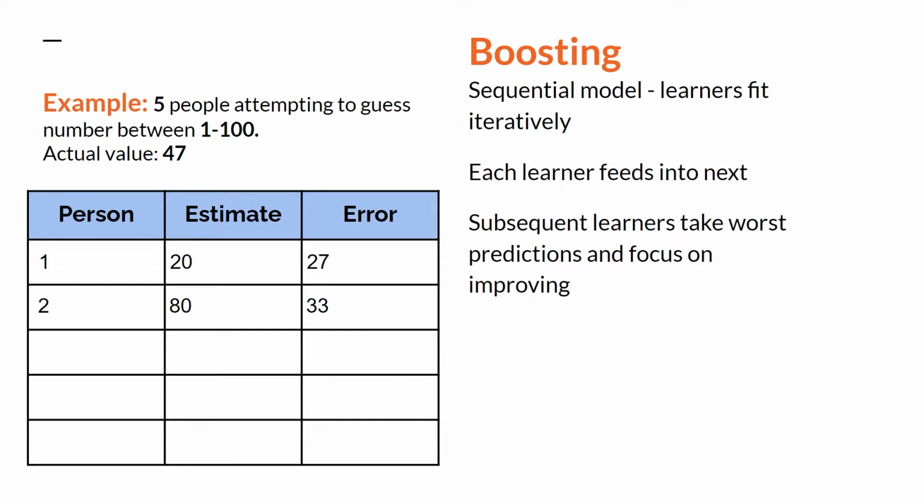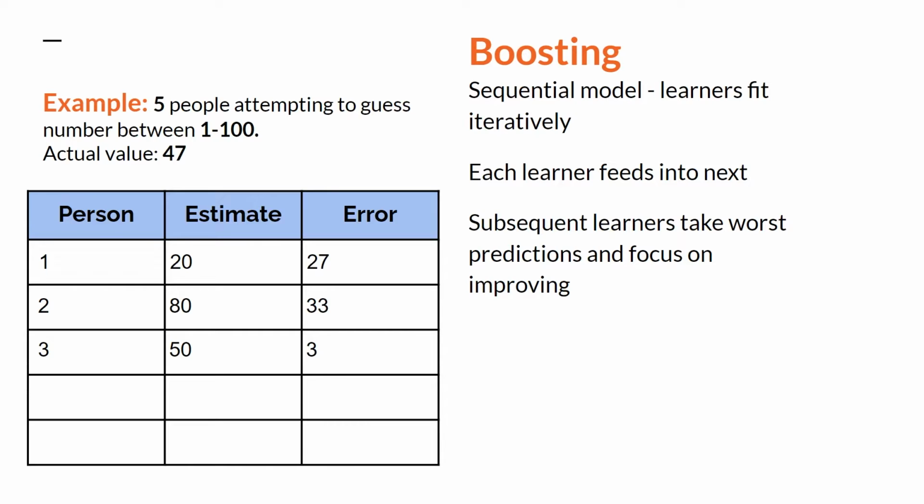So person 3 now knows that the number is between 20 and 80, and that both are not very close to it. So they just split the difference and guess 50. All right, now we're getting somewhere. You tell them, I'm sorry, 50 is too high.